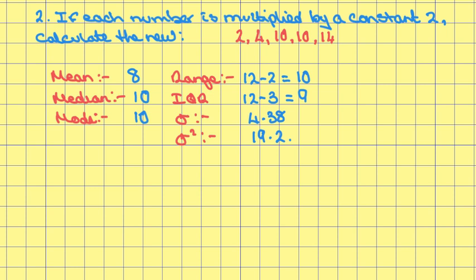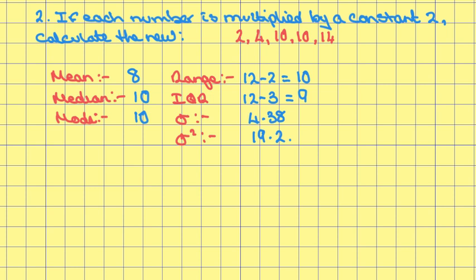The median, the number in the middle, would now be twice the size. The mode, the one that occurs most often, would be twice the size. The range would also be twice the size. If that's the case, the interquartile range would be twice the size.